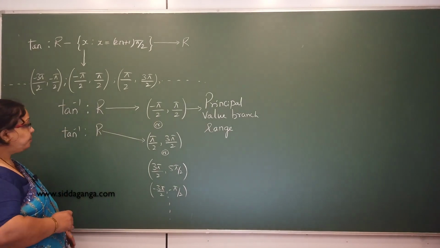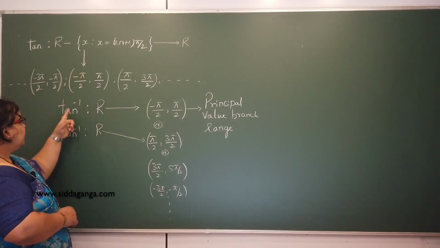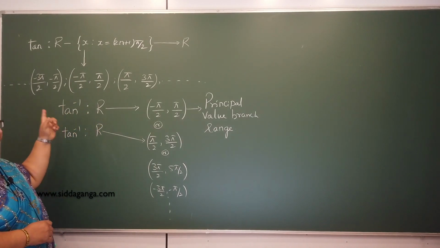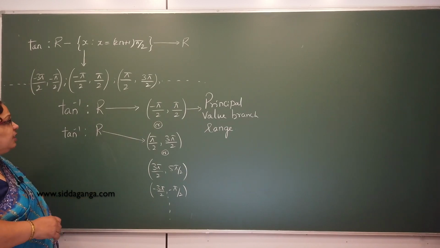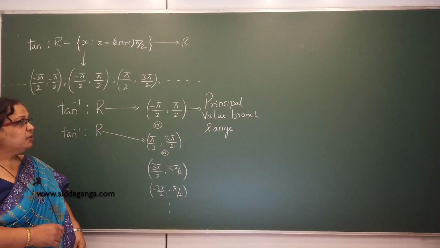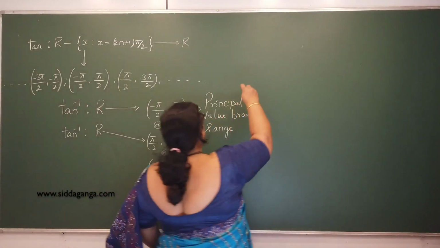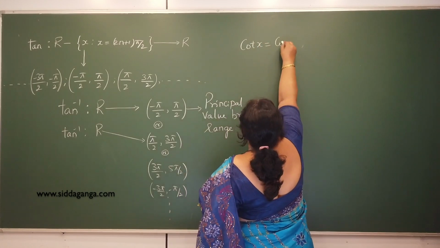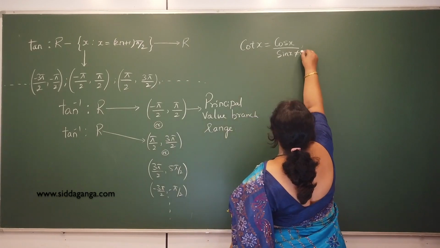So this is about the tan function as well as the inverse of the tangent function, which is also called the arc tangent function. Now let us study the next function, that is the cot function. We know that cot x can be written as cos x divided by sin x, where the denominator should not be equal to 0.